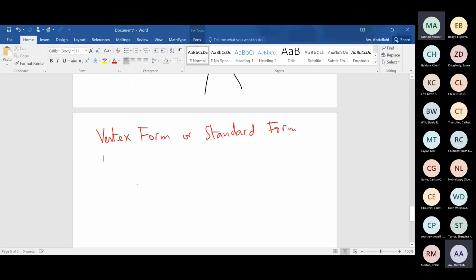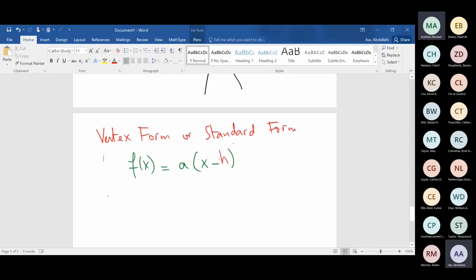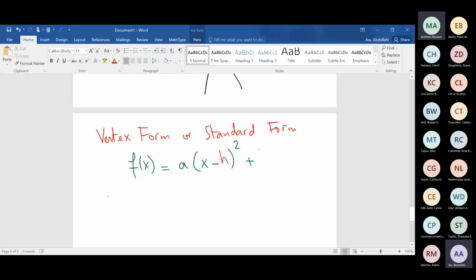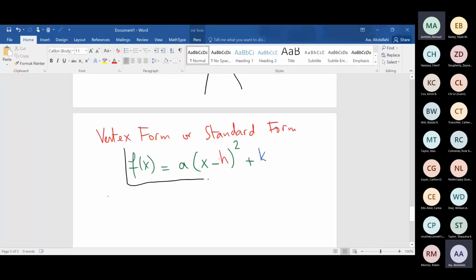If I have f(x) = a(x - h)^2 + k, right? When I have this right here, this is what you call the vertex form or the standard form.